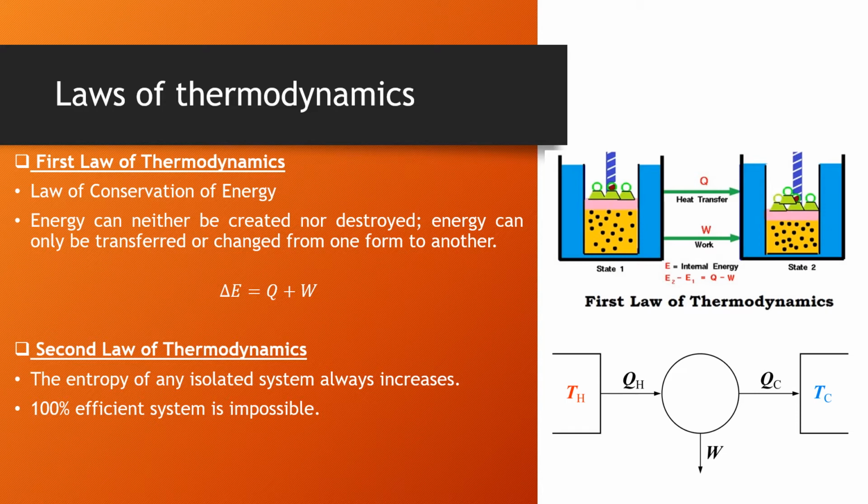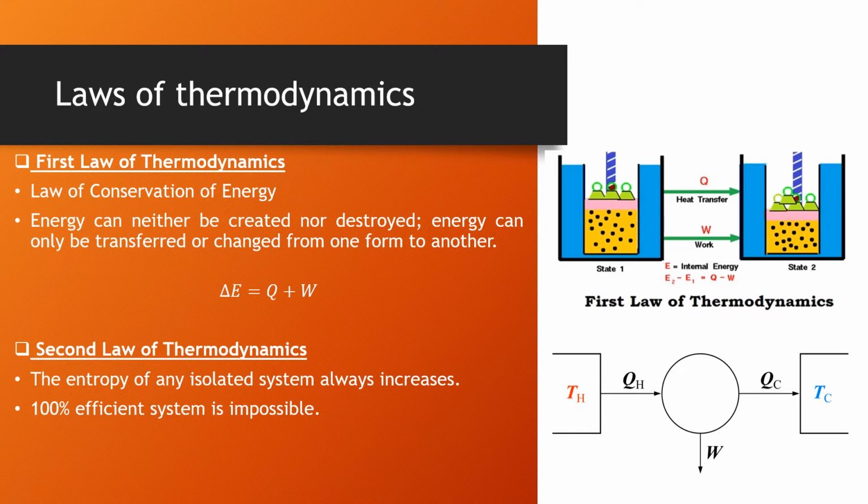Now look at the picture on the bottom. If you're following the first law of thermodynamics, you can see you have a state of high temperature, TH, and a state of low temperature, TC. Now, heat moves from higher to lower temperature. So, heat would flow from TH to TC throughout the system from state 1 to state 2.